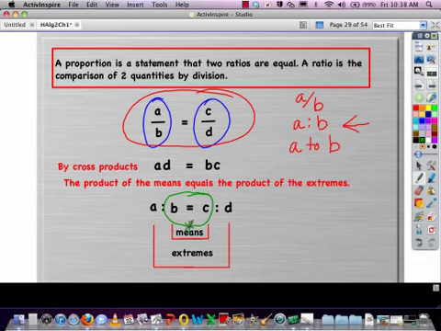Means meaning finding the middle. Versus if you looked at the outside terms or the extremes of that proportion, you would get the A and the D. So that's where that phrase comes from. The product of the means equals the product of the extremes.